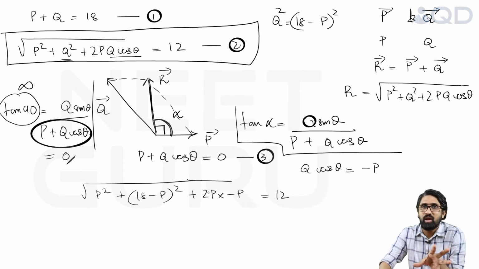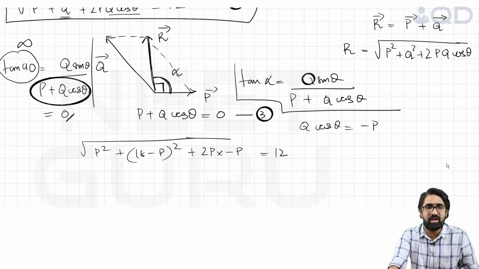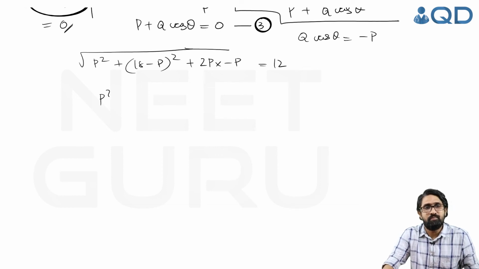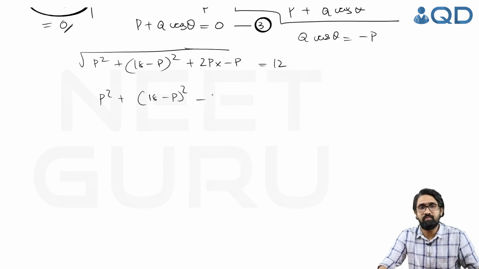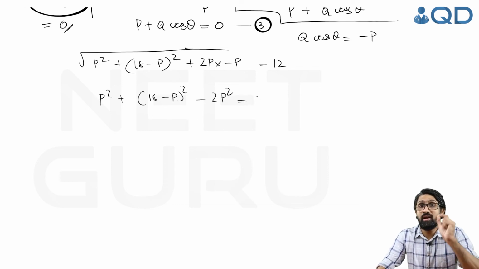You can look at this equation and understand that it is purely in one single variable, and you can easily solve it. I'll start by squaring both sides and expanding the terms. So I'll have p square plus 18 minus p whole square plus, or it could be minus 2p square, because you have a minus p to be multiplied along with 2p here. That will be equal to 12 square, that is 144.